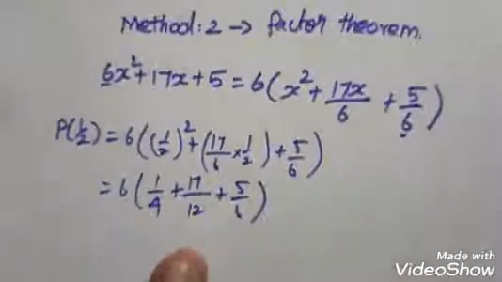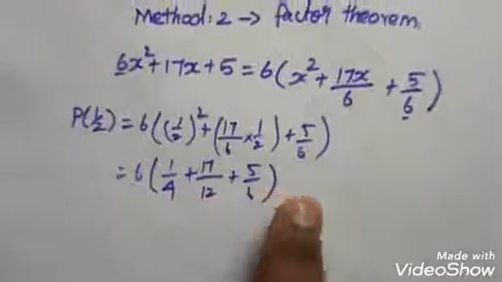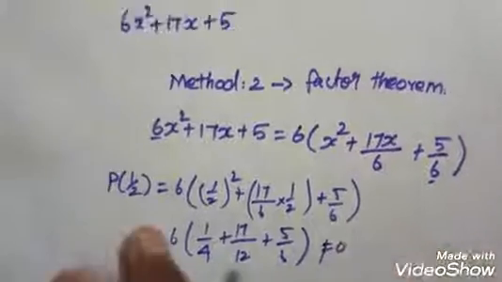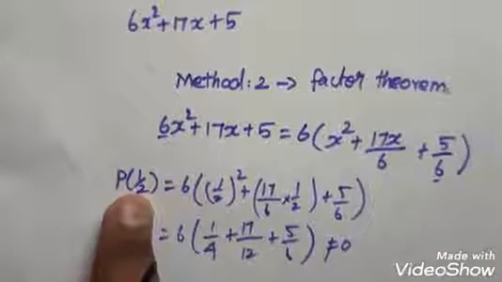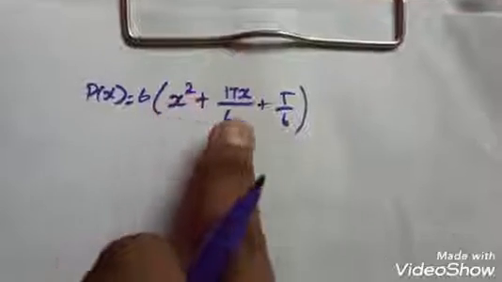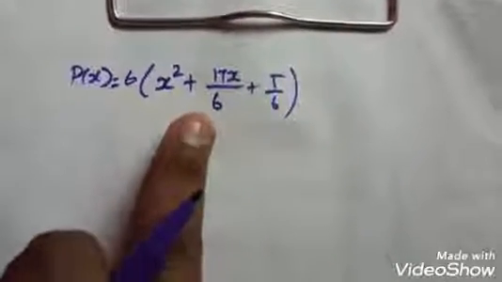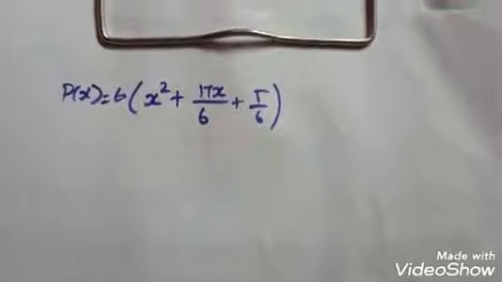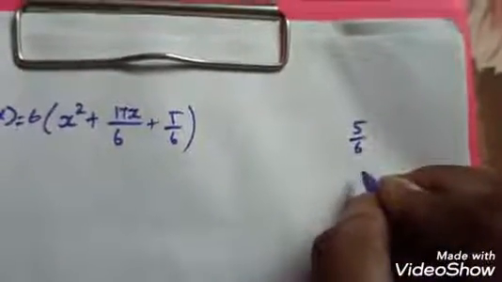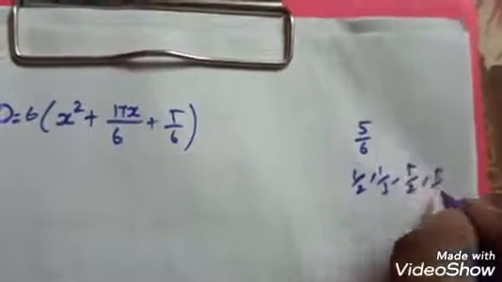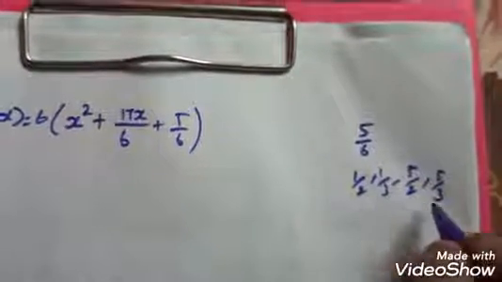Here all the values are positive, so it is not equal to 0. So P of 1 by 2 is not a factor. See this expression, all the values are positive, so if we take a factor as a positive, it is impossible to get 0. So because of that I will take all the negative.